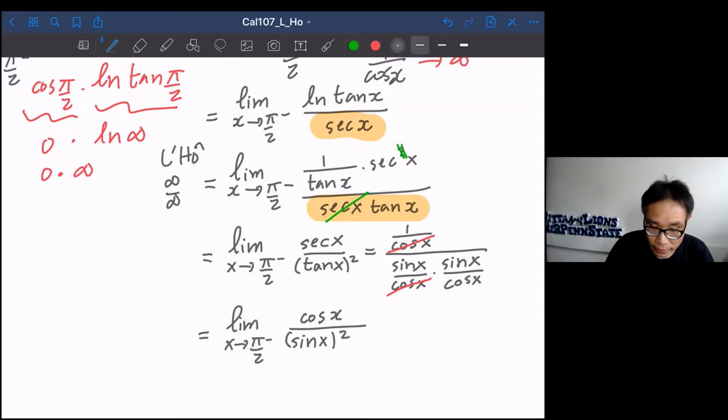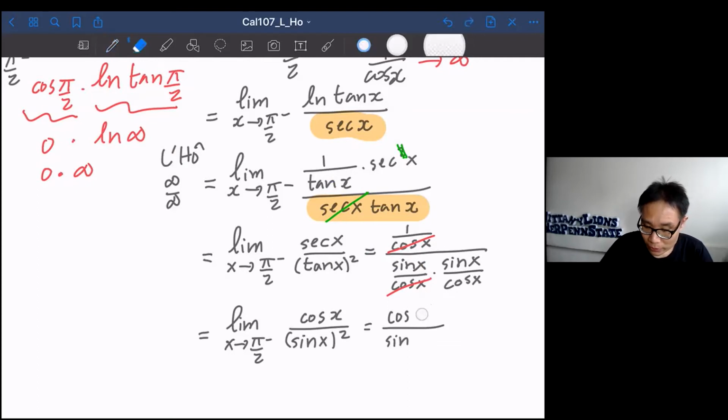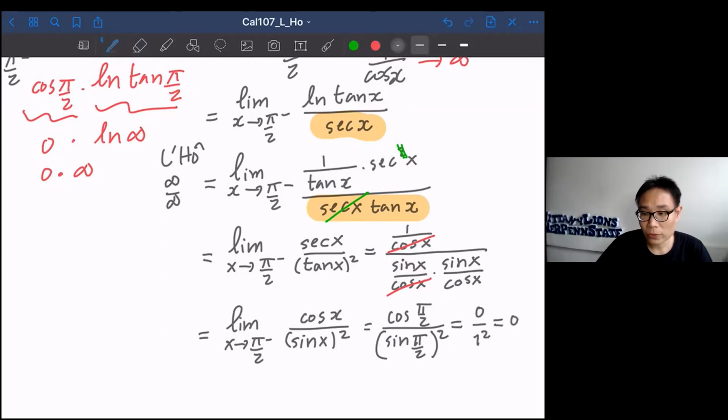And then you're gonna take the limit. So it's gonna be cos pi over 2 over sine pi over 2 square. So it's going to become 0 over 1 square, equal to 0.